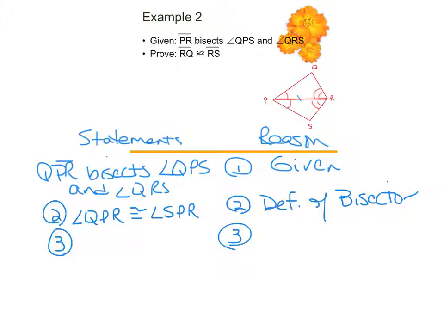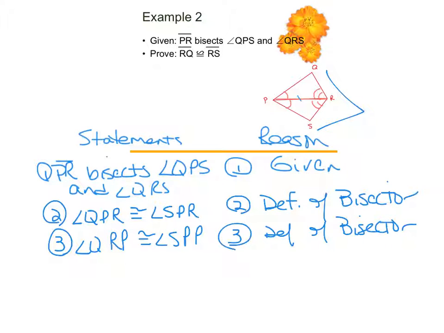Okay, so you have to have it all included in here. So then the next I'm talking about is these angles down here. So angle QRP is congruent to angle SRP. And again, definition of bisector.